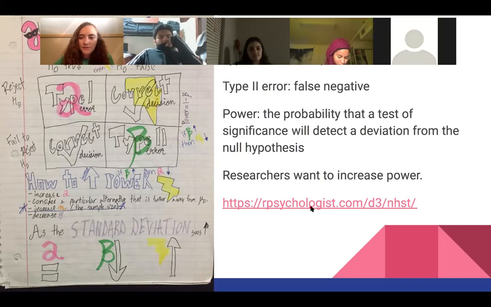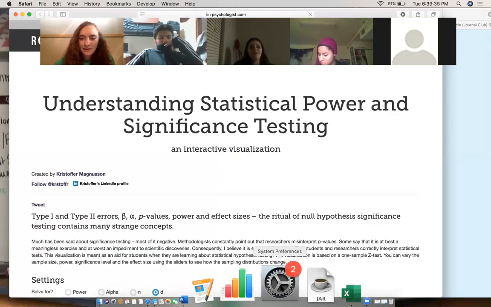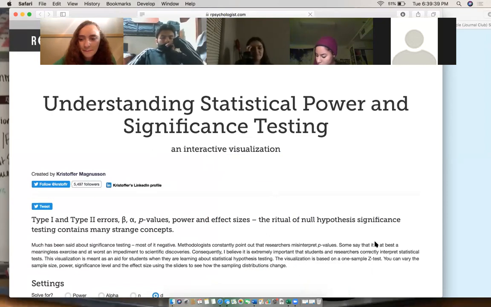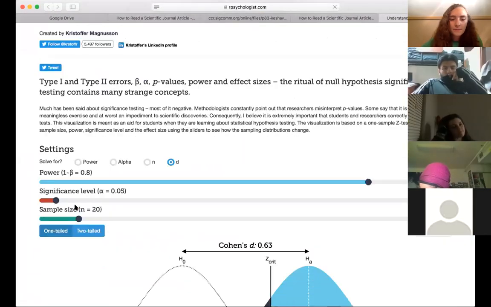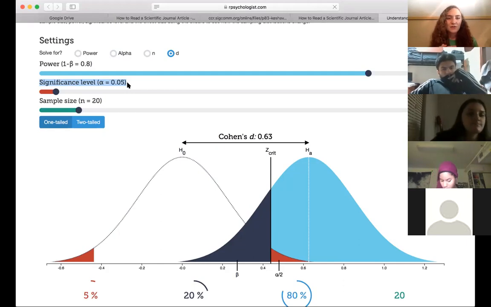So let me pull up this, because I think this is cool and it helps me understand it better. Sure, okay. Normally, researchers don't want to sacrifice their alpha, because you could claim 100% accuracy, like saying my test score is anything between 0 and 100, but that doesn't really tell you much.